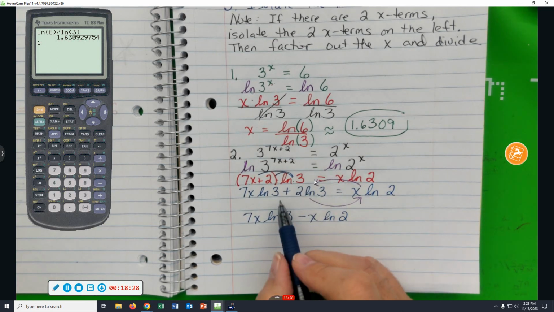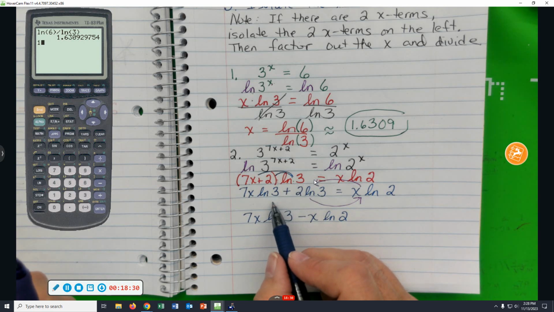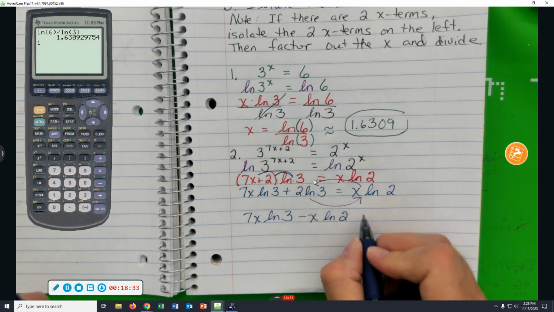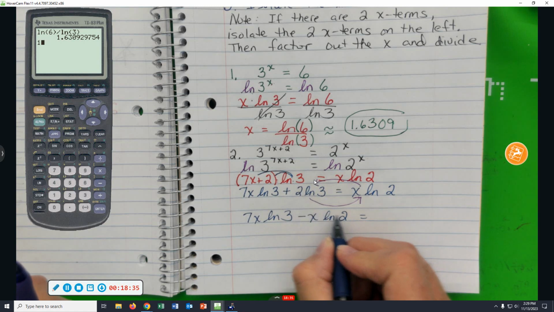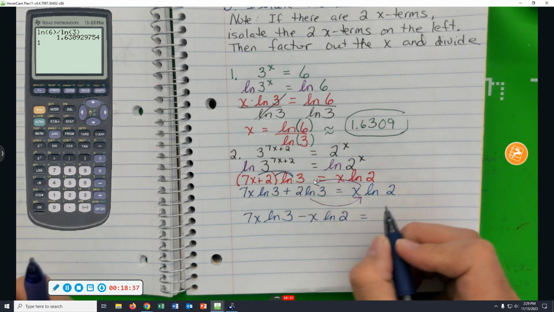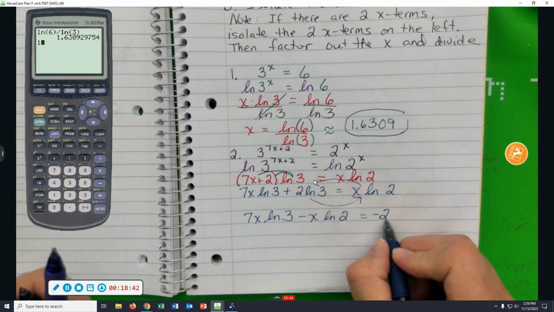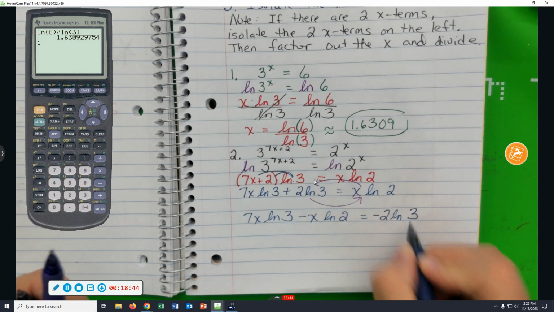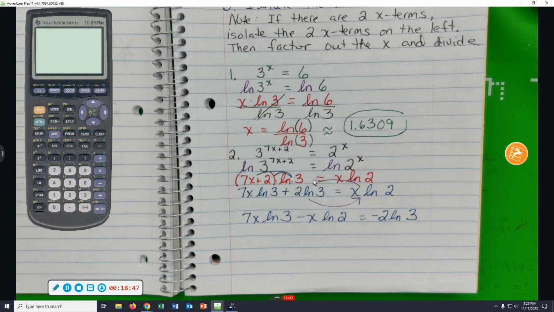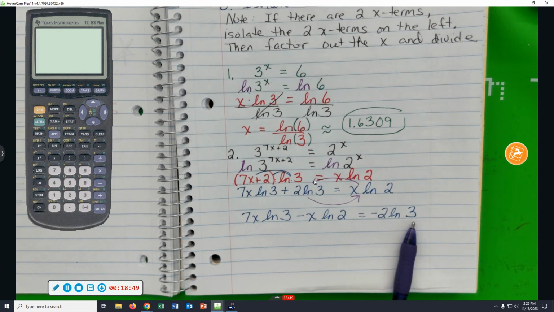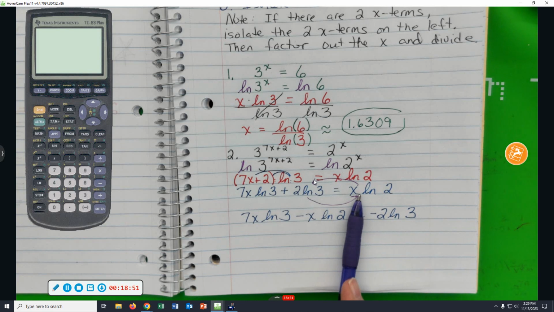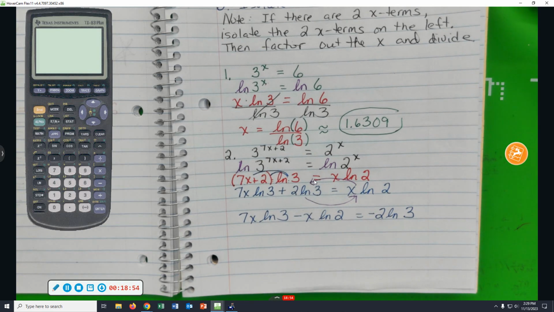I'm moving the x terms to the left, and I move the 2 ln 3 over to the right. So that's going to become a negative 2 ln 3. Formally, what I'm doing is subtracting 2 ln 3 from both sides. I'm also subtracting x ln 2 from both sides. But I've isolated the x terms on the left.